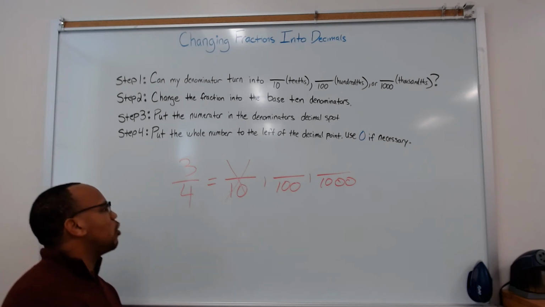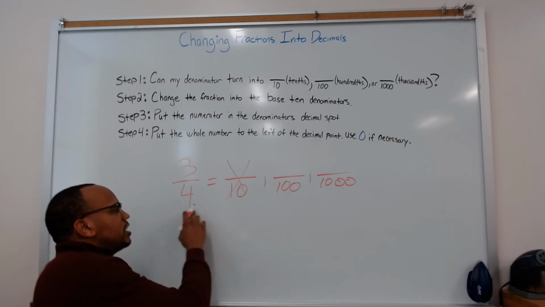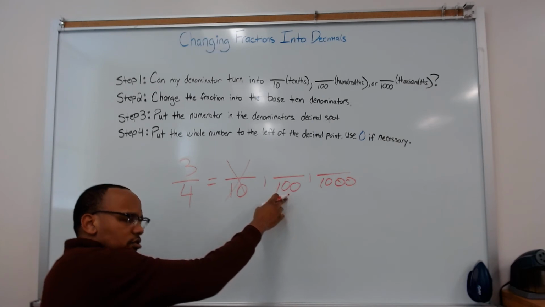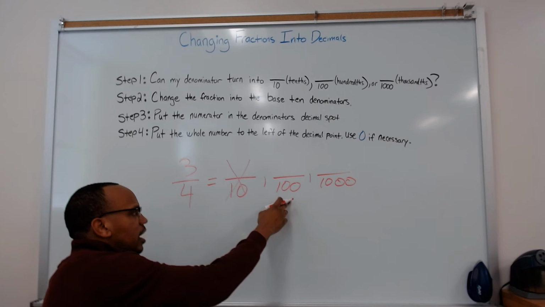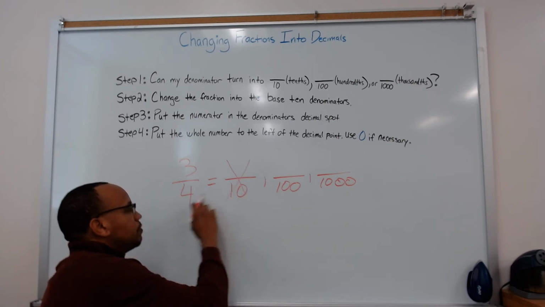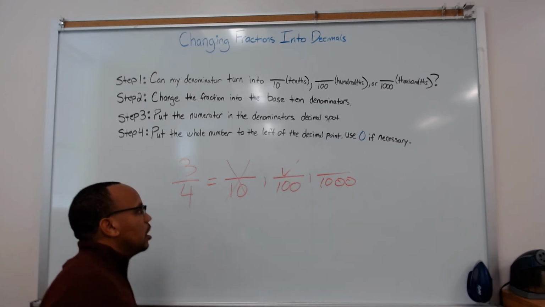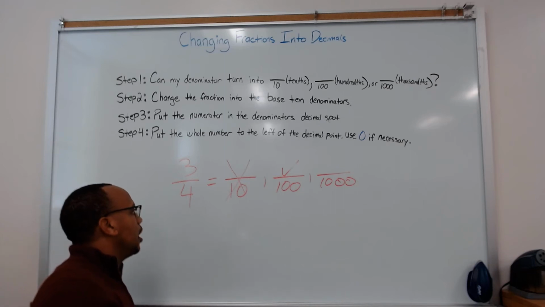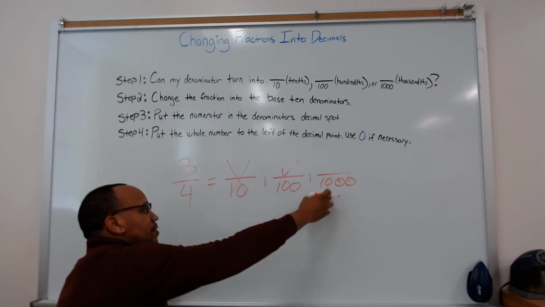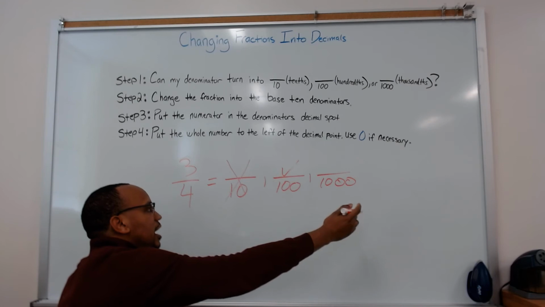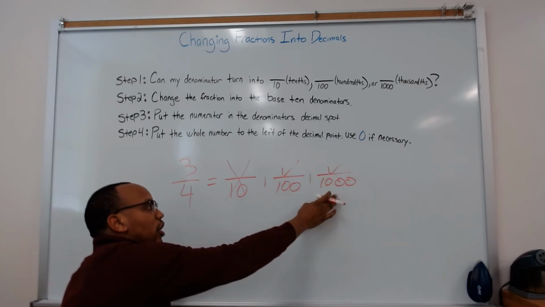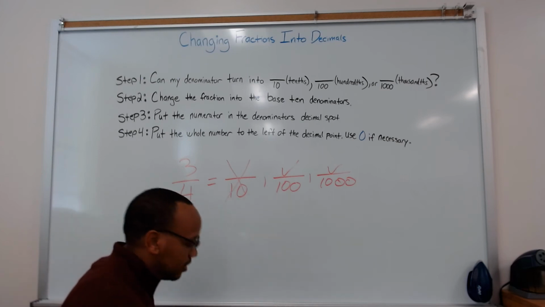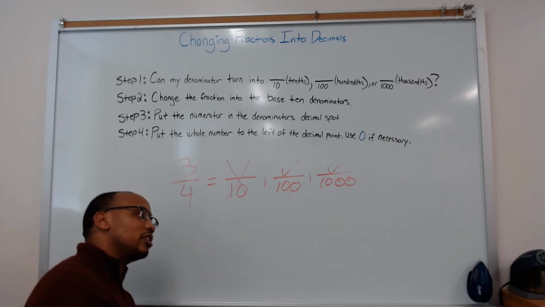But if I think about quarters, 4 times 25 is 100. Because 4 quarters is $1. All right, that means fourths can turn into hundredths. All right, and 4 times 250 could turn into thousandths. So I can turn it into either hundredths or thousandths, but I can't turn it into tenths because nothing times 4 equals 10.